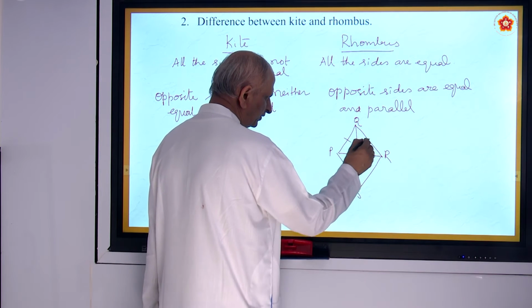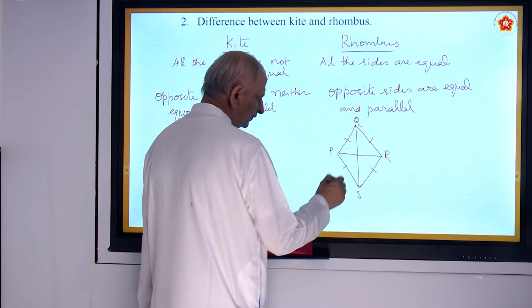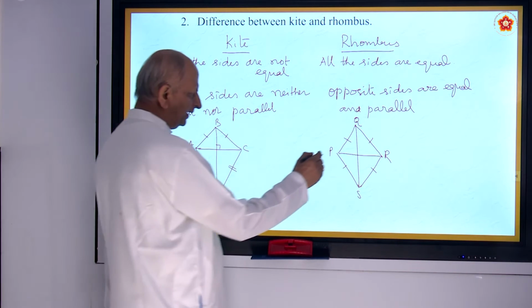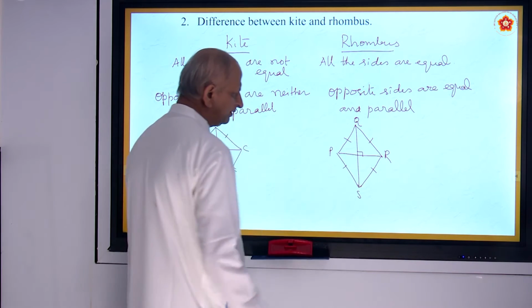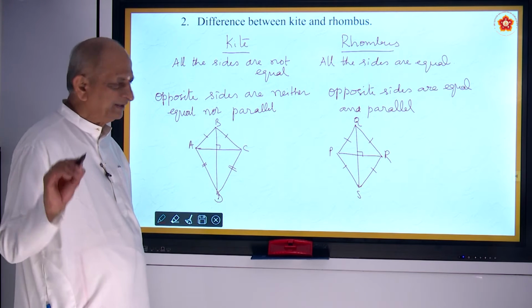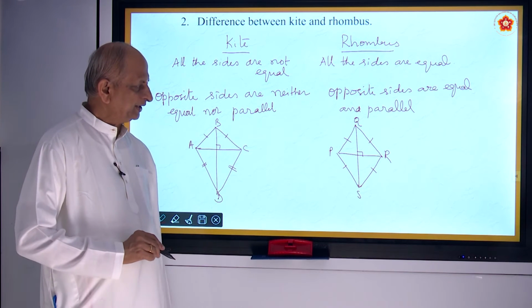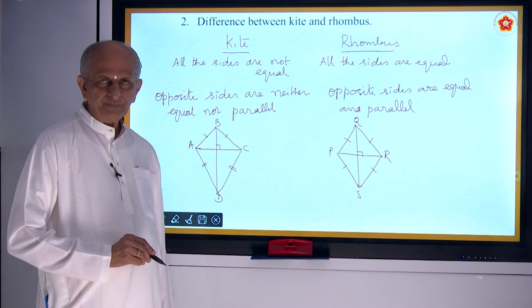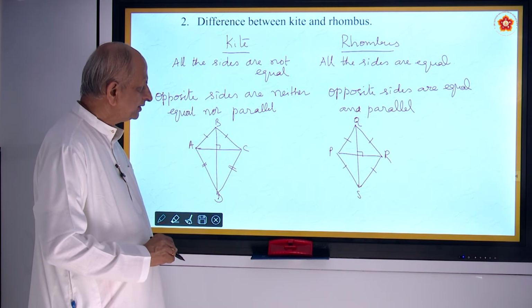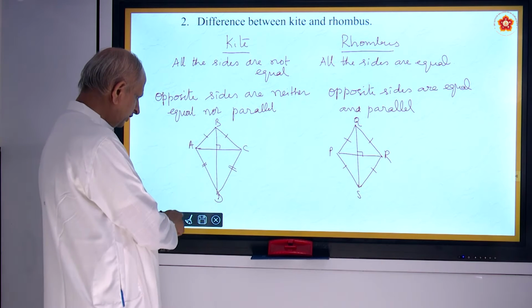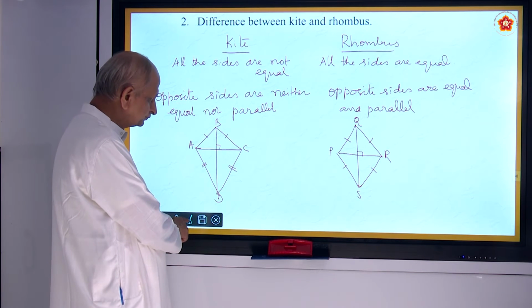All the four sides are equal and opposite sides are parallel. The diagonals bisect at right angles, but diagonals are not equal, that you must note. So these are the differences between rhombus and kite. Okay, shall we note it down?